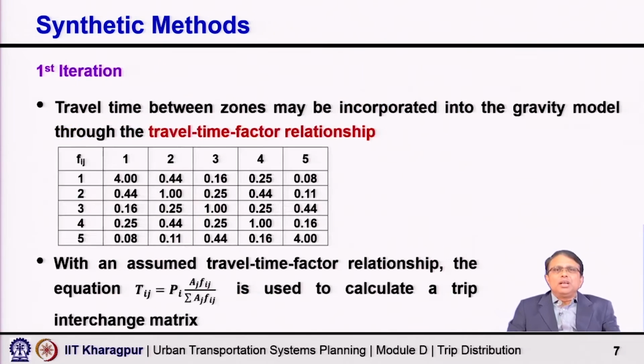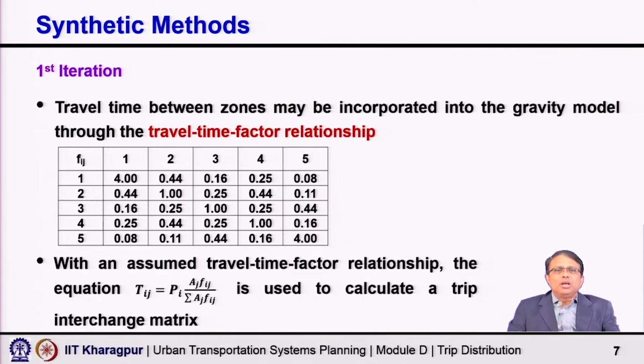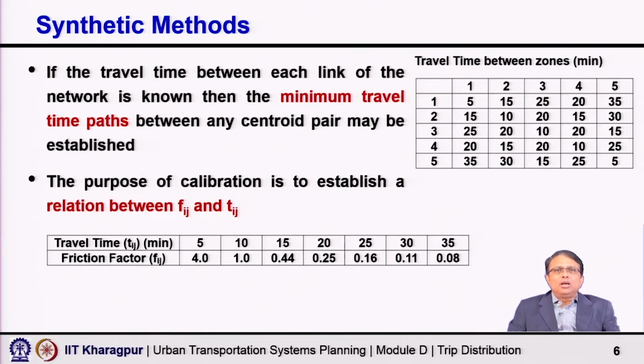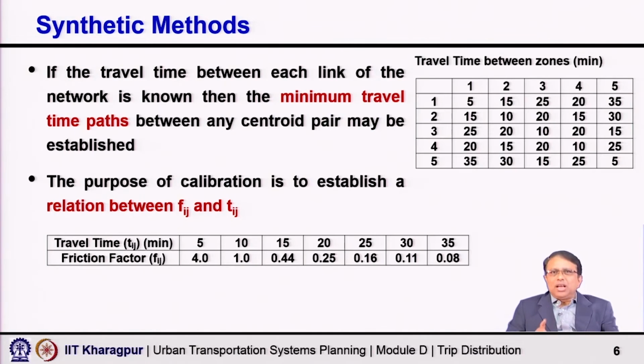What is the next step? The next step is basically that I am going for the first iteration. What will I do first? I know the intrazonal and interzonal travel times from the given matrix. So, I shall take those values and then take the corresponding Fij value.